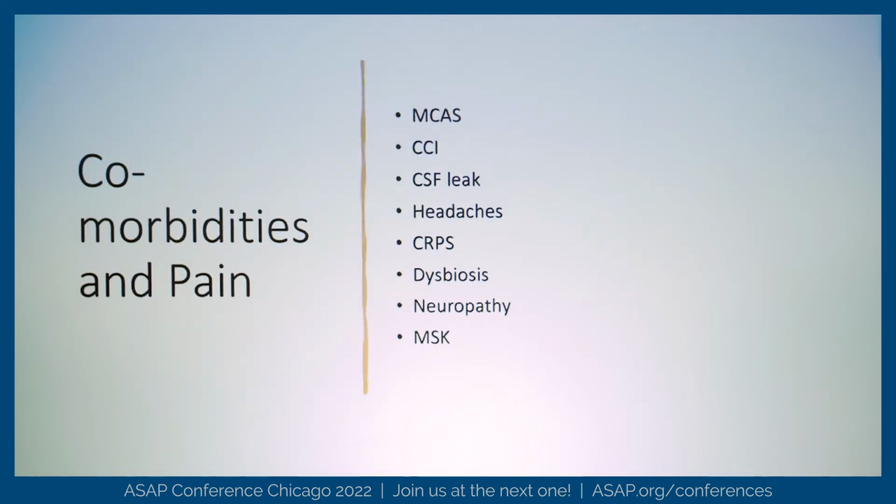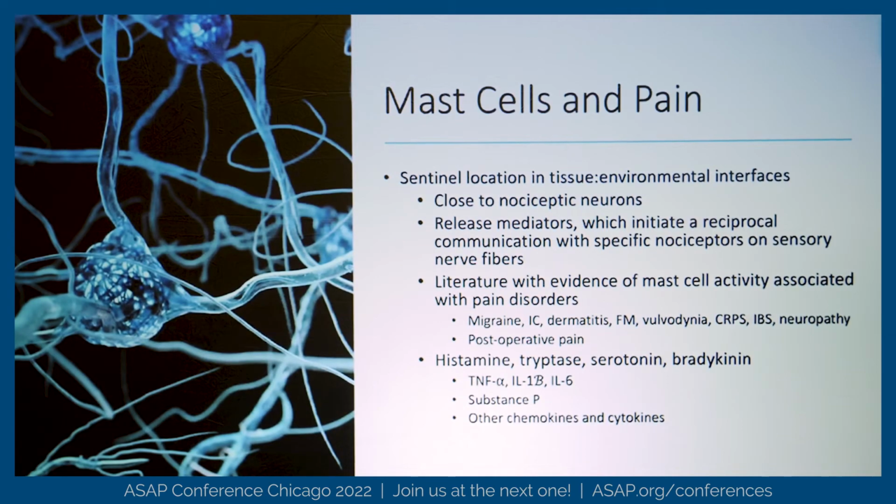So in addition to pain being a comorbidity, there's actually many other comorbidities of Ehlers-Danlos syndrome patients. And a lot of these are either pain syndromes of themselves or contribute further to pain syndromes. So mast cells, for example, are very well known to contribute to pain sensations. They are located in a perfect location because they are at that tissue environmental interface, and they are very close to nociceptive neurons.